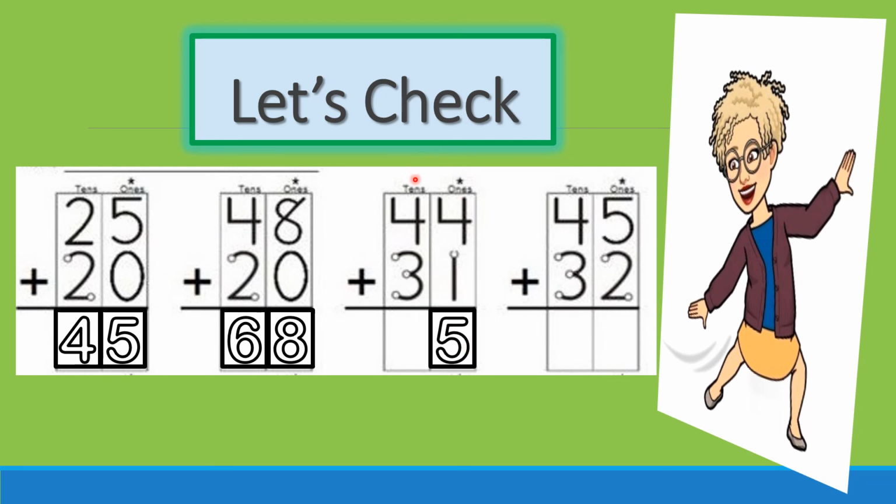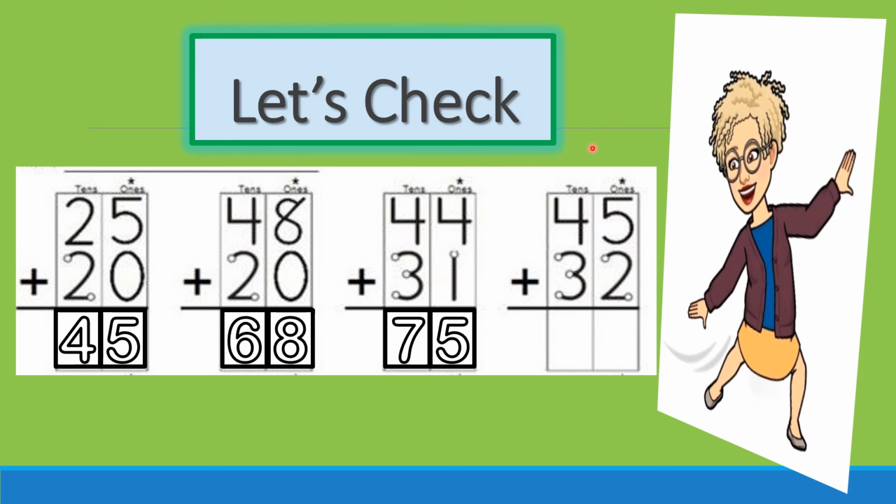Then we go to the tens. Very good. 4, 5, 6, 7. So our sum here is 7. That means then 44 plus 31 equals 75.